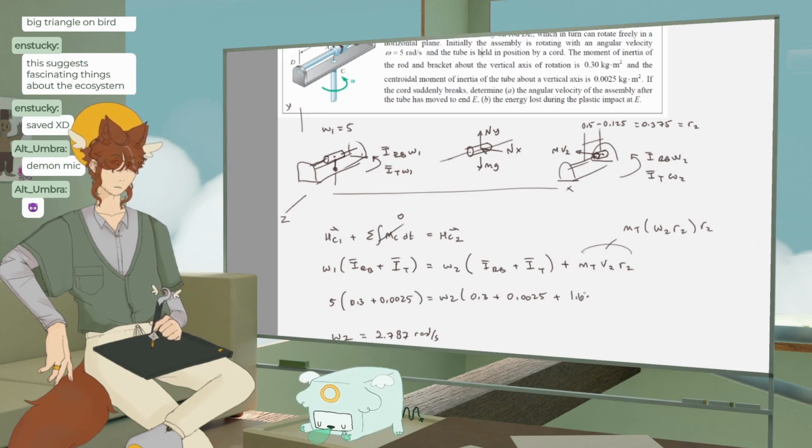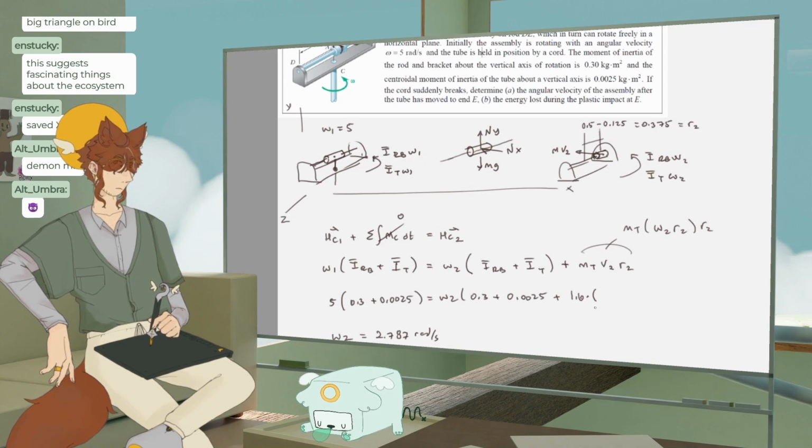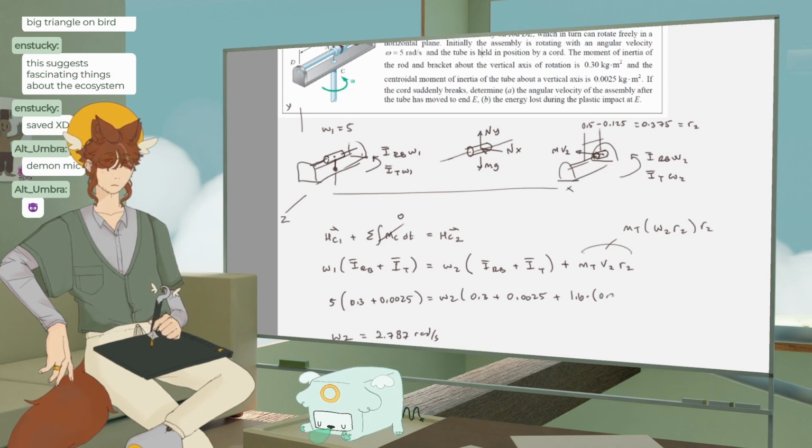Times R. R would be, what was our R? I forgot. Our R would be 0.357. Yeah, that should bring that down a little bit.